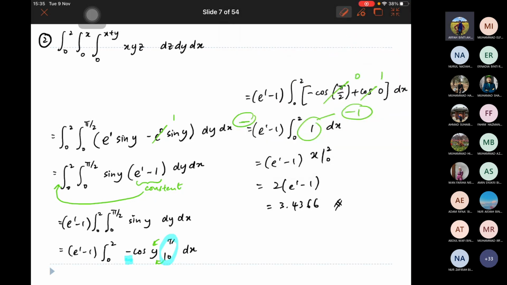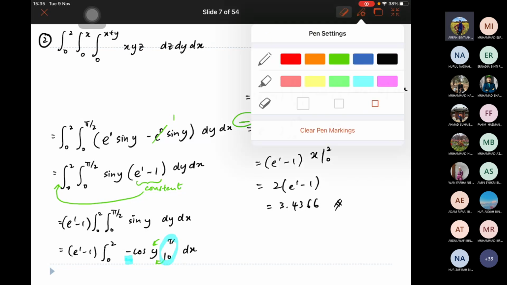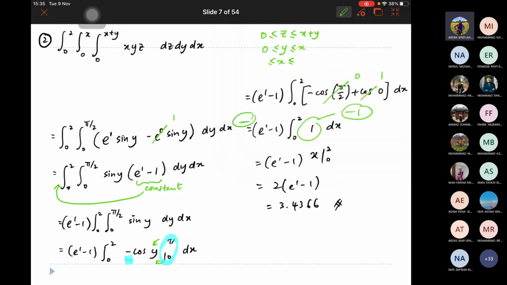So cuba buat the integration. Okay, so in this case, Z punya limit berada antara 0 sampai X tambah Y. Y punya limit berada antara 0 sampai X dan X punya limit berada antara 0 sampai 2.